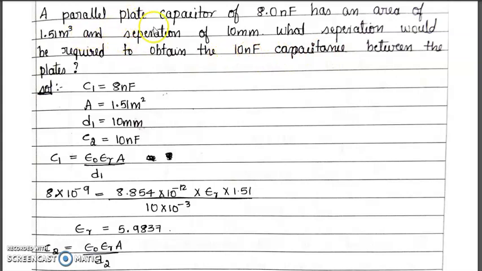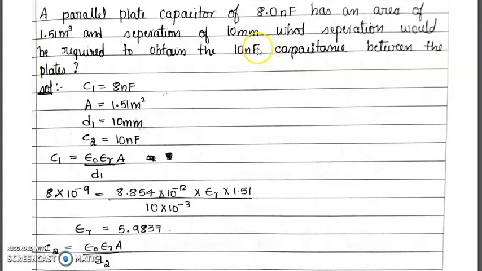So if the area is 1.5 meter square and the separation is 10 millimeter, then we obtain a capacitance of 8 nanofarad. We don't know which medium they have used, but they asked to find the separation required to obtain a 10 nanofarad capacitor with the same medium.